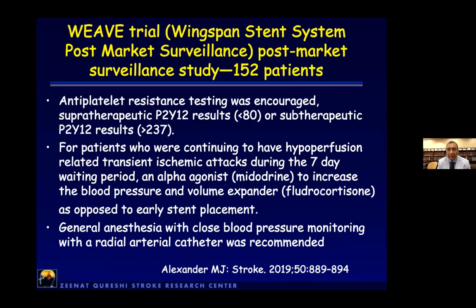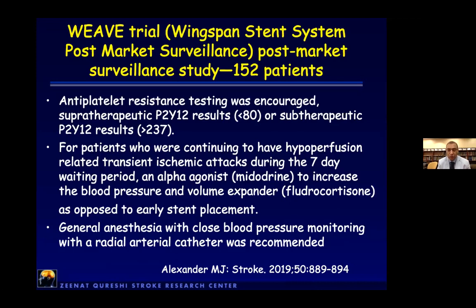So you have these platelet aggregometers, and you test to make sure the clopidogrel that you have started is fully therapeutic before doing the procedure. Essentially, at least 7 days had elapsed between the initial ischemic event and the stent placement, and general anesthesia was used on all patients.